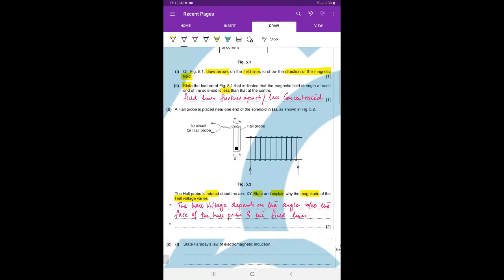Then the second statement. When rotated, the angle changes. Hence, Hall voltage also varies.